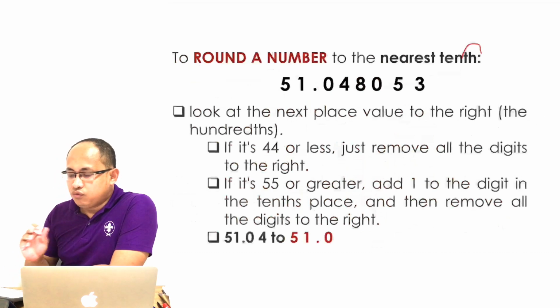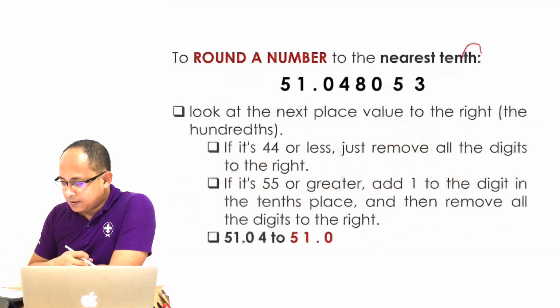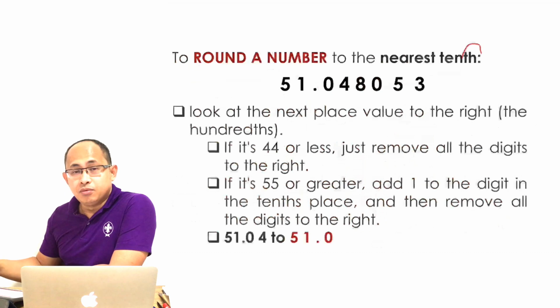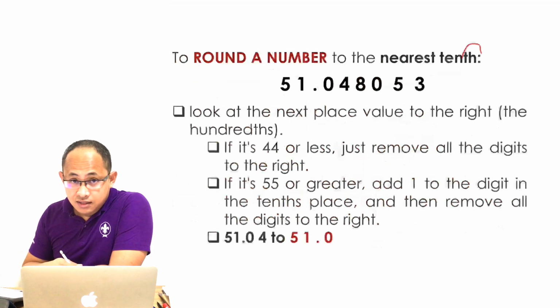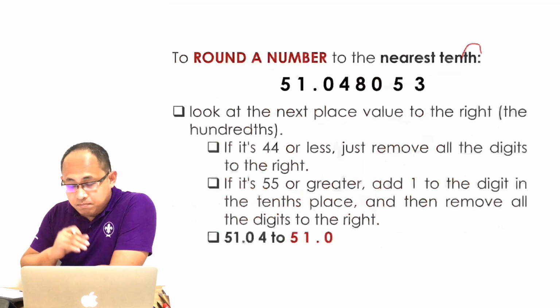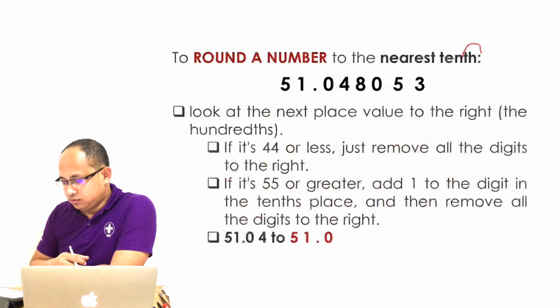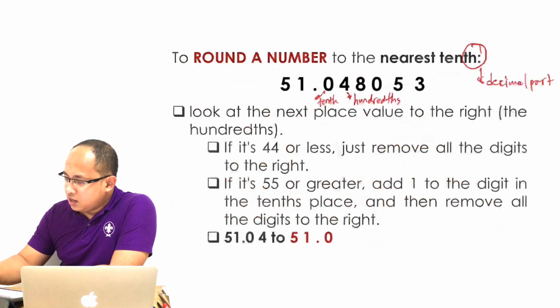If it's 4 or less, just remove all the digits to the right. So we remove all the digits. But if it is 5 up, then add 1 to the place value that we're trying to round off.